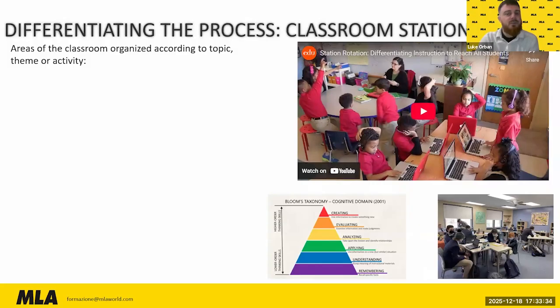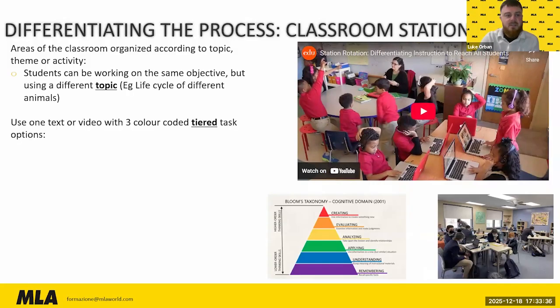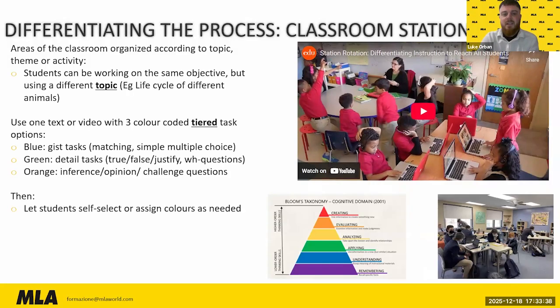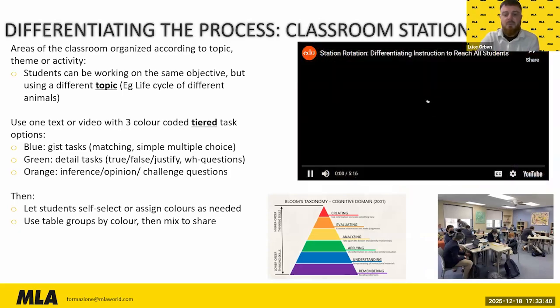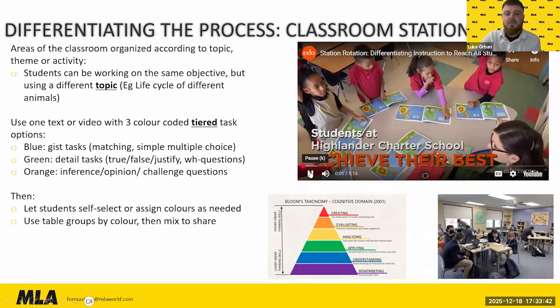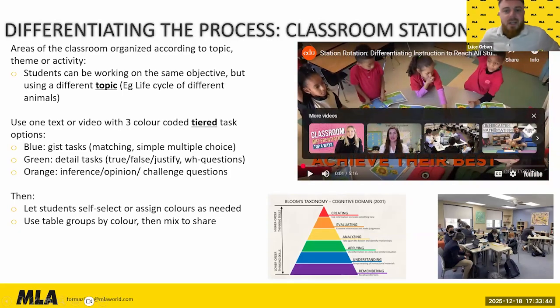So differentiating the process. Classroom stations. This is where we organize the classroom in a way, maybe with tables, where the students are doing different things at different times, but are still working to the same objective, right?